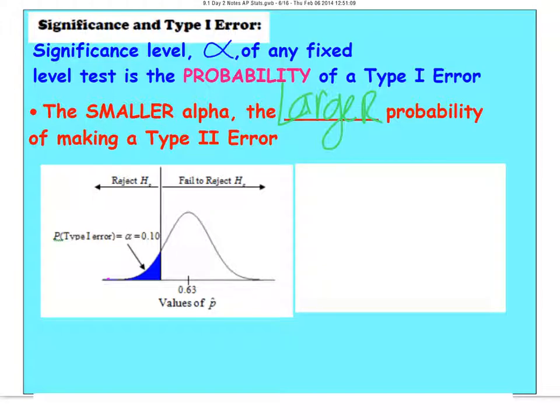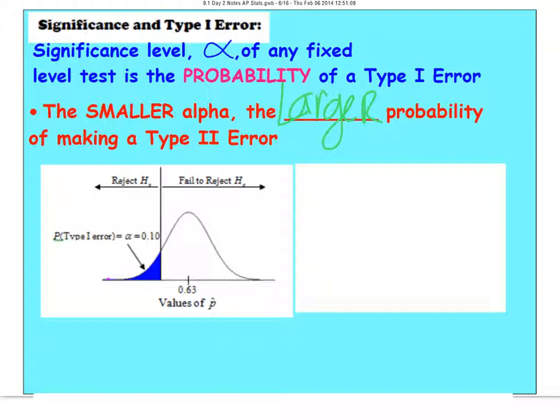Conversely, if I raise my probability of a type 1, it lowers my probability for a type 2 error. Because by definition, the type 2 is I fail to reject, which is this region of the curve. So as this line moves, it's either going to make one region smaller and the other bigger, or it's going to make this region bigger and this one smaller. So type 1 and type 2 go hand in hand.